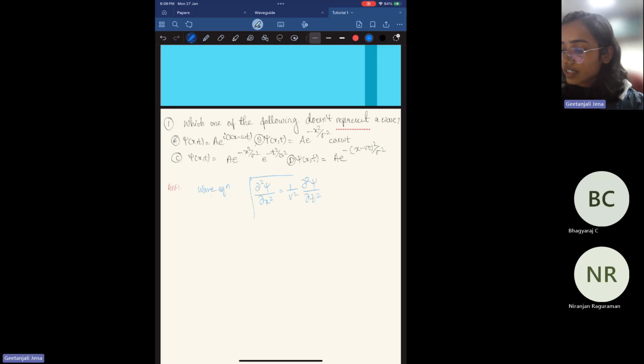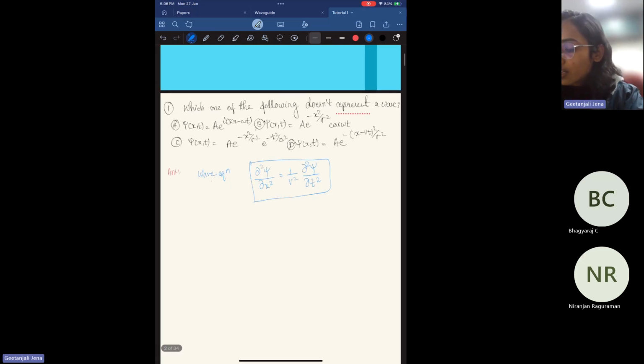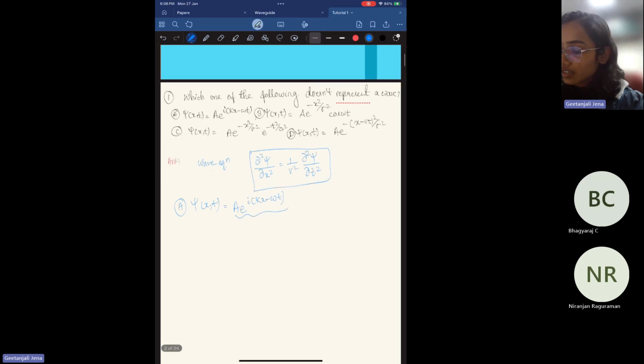This is the condition for the wave equation, and you already know this equation. We just have to see whether this waveform, let us take the first one, satisfies the wave equation or not. It is the expression of a plane wave, so it should satisfy it.